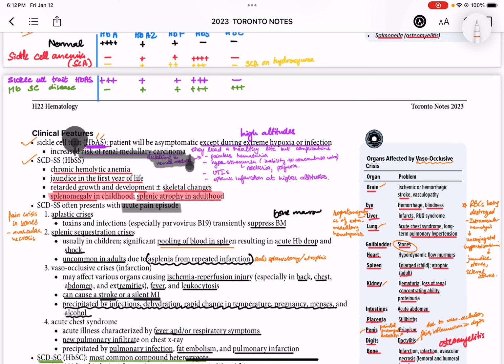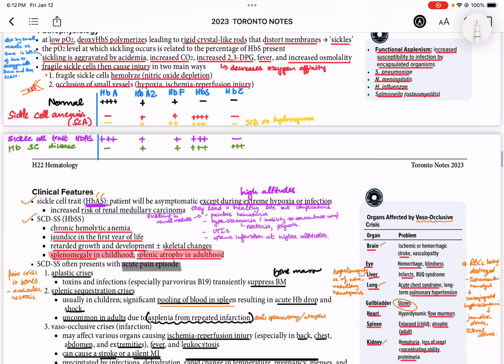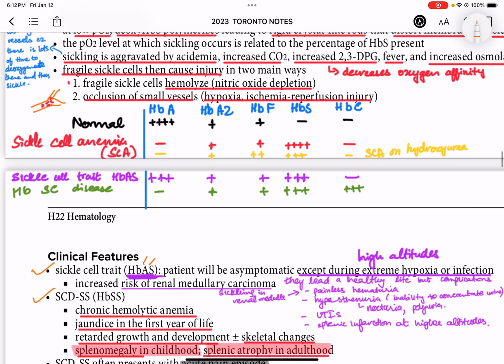So in this table, I'm gonna give you a quick look. So there's hemoglobin A, A2, hemoglobin F, hemoglobin S, and hemoglobin C. Normally we have hemoglobin A in adults, a little bit of A2, very minimal hemoglobin F, which we used to have while we're a fetus, and hemoglobin S and hemoglobin C are not there.